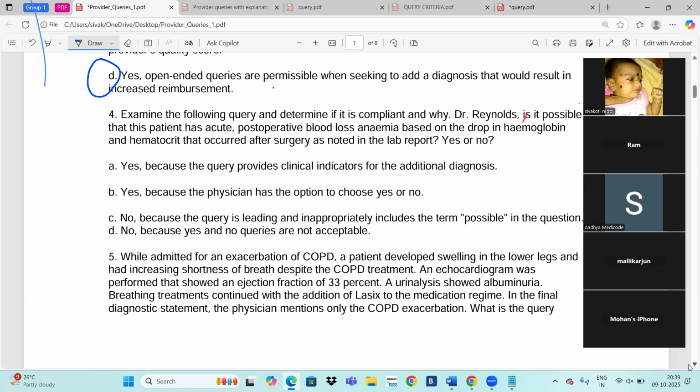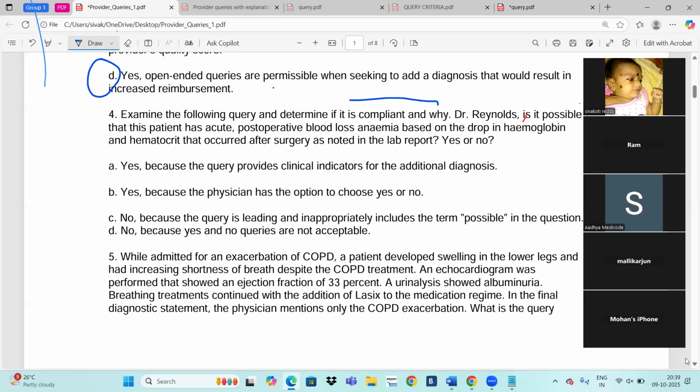Is it a complaint version or non-complaint version? Non-complaint version. So yes or no?